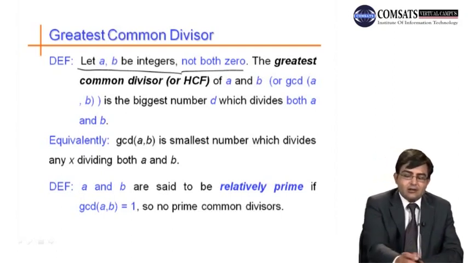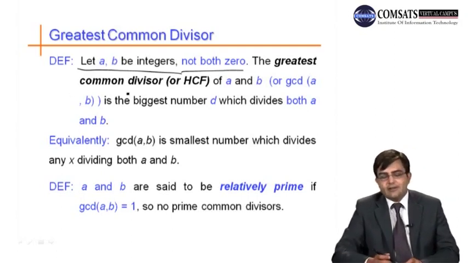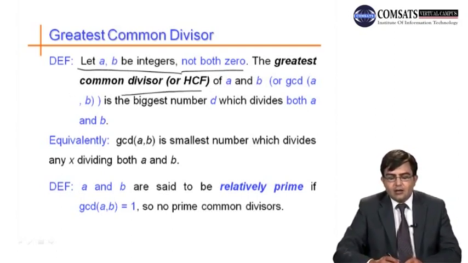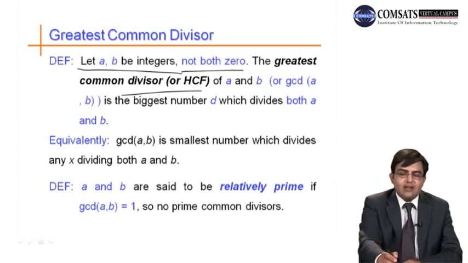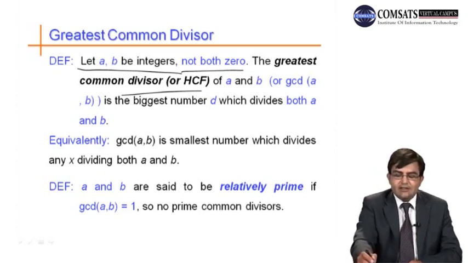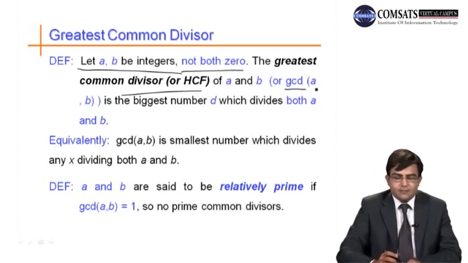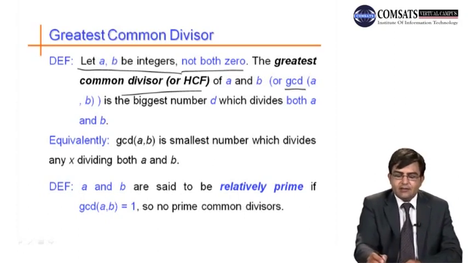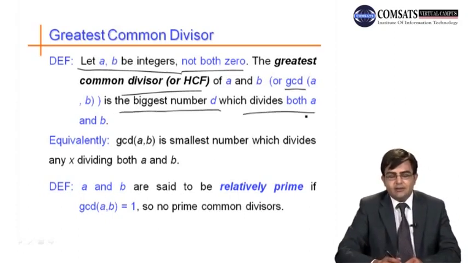The greatest common divisor, or highest common factor, as you have studied in early classes, of a and b, we write it as GCD of a comma b, is the biggest number d which divides both a and b.